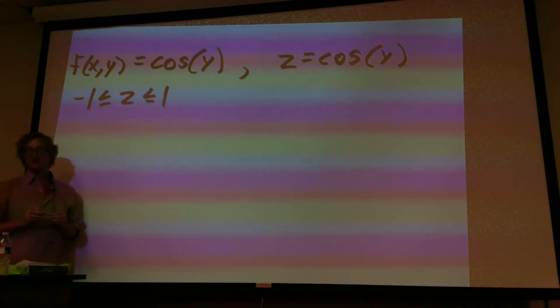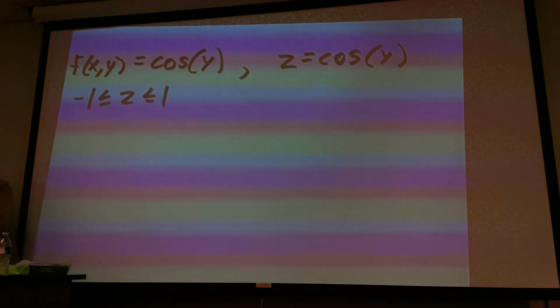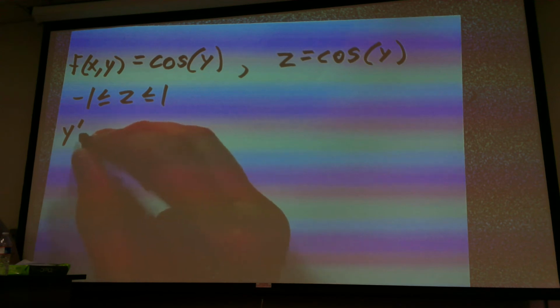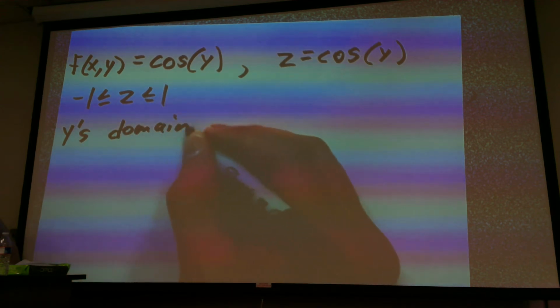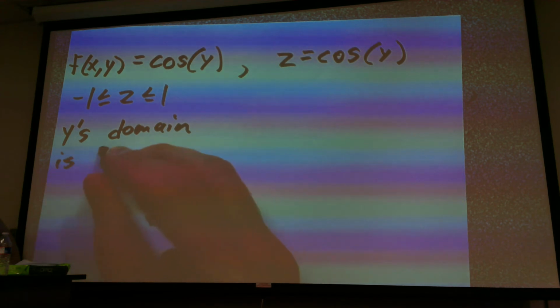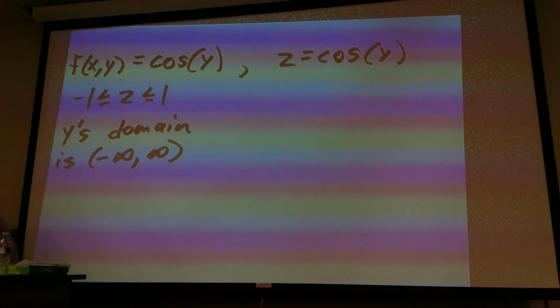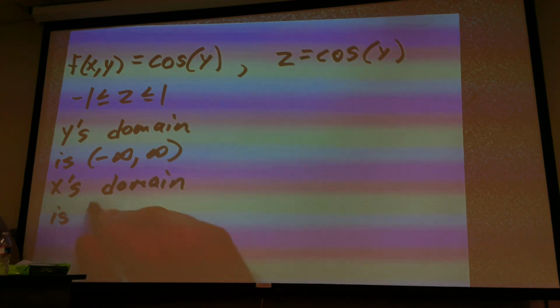So that's going to be the range of that one. And then we know that y's domain will be -infinity all the way up to infinity. Right? X is completely free. Will be -infinity all the way up to infinity.